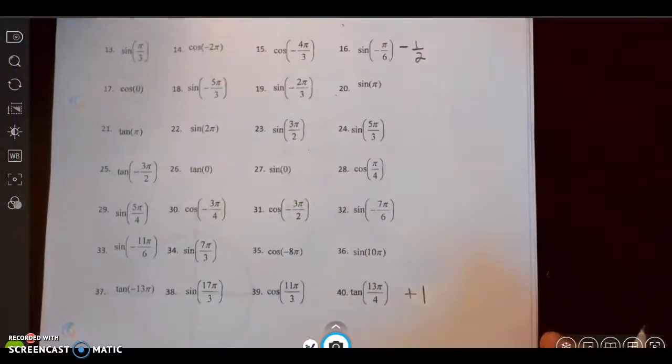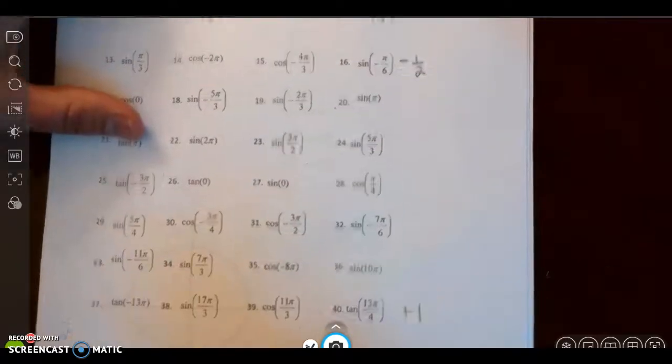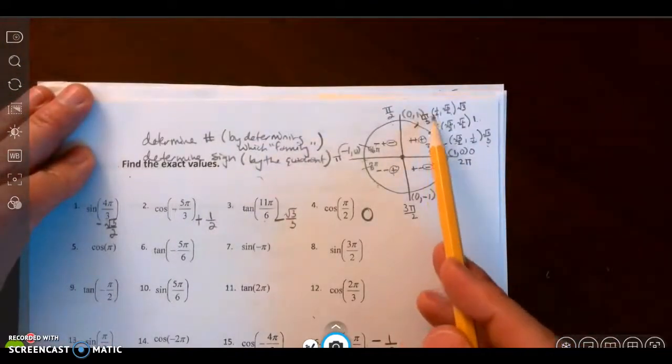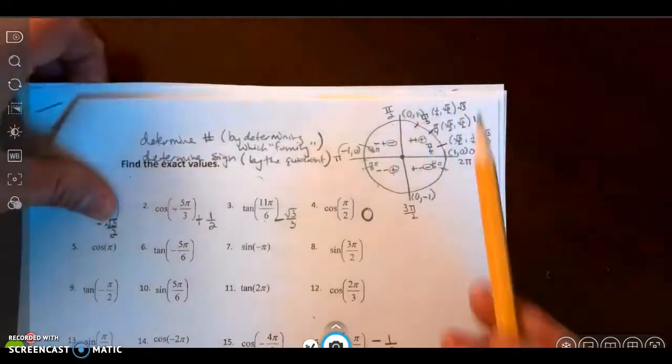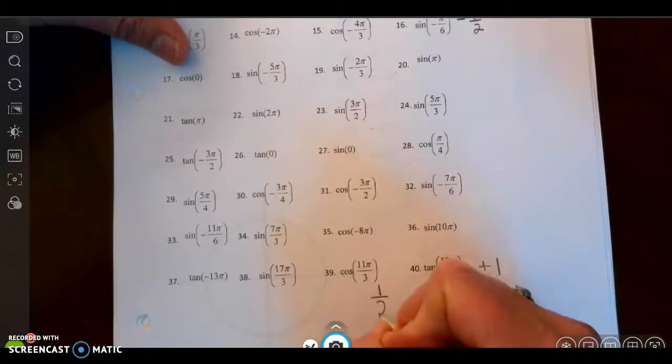All right, let's go ahead and look at cosine of 11 pi over 3. Again, I'm in my pi over 3 family. Cosine is x. So I come up to my unit circle. Pi over 3 family. Cosine is 1/2. So I know that the number part is 1/2.